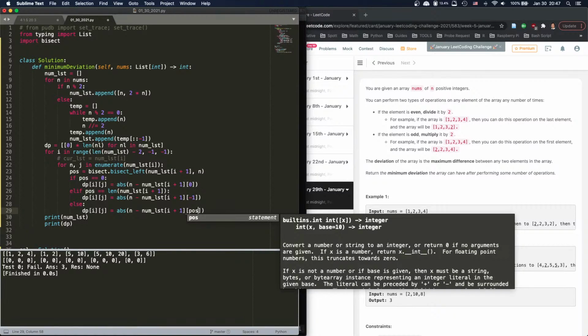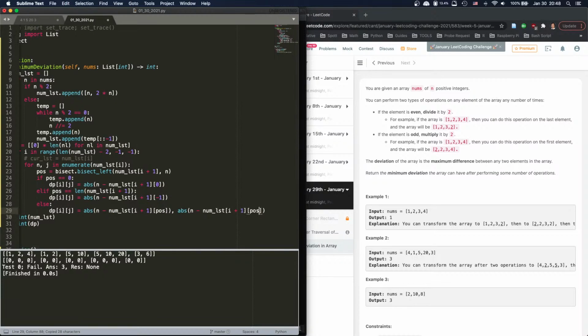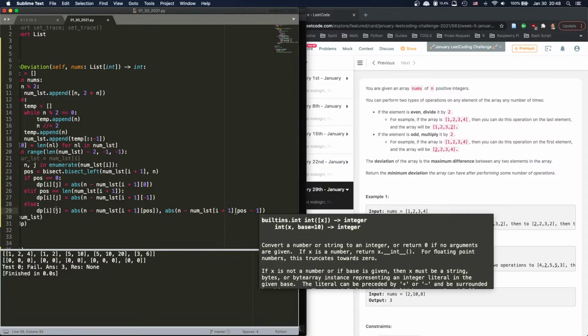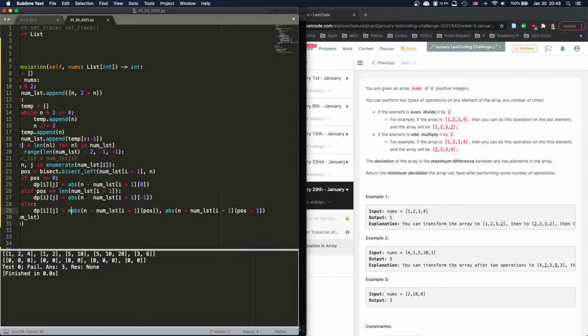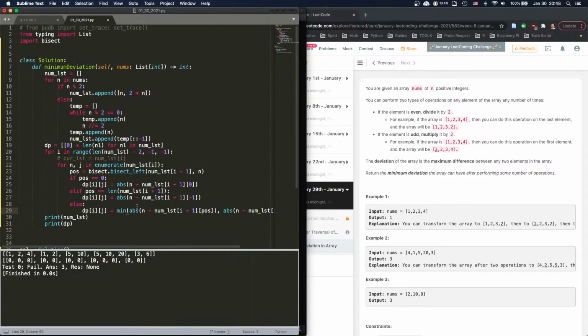So it's position, which means this one, and also position minus 1. So we're going to take the abs of this and position minus 1, and we pick the min between them. We might be able to optimize this, but I don't see the necessity for now.